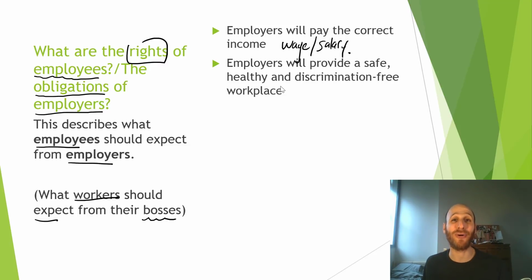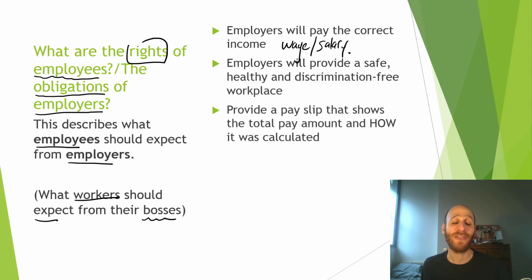This is something that bosses have to do. The other thing is that bosses will provide a pay slip that shows the total pay amount and how this was calculated. So things that you might want to see on your pay slip that are required are things like how much tax did you take out? How much superannuation are you paying?